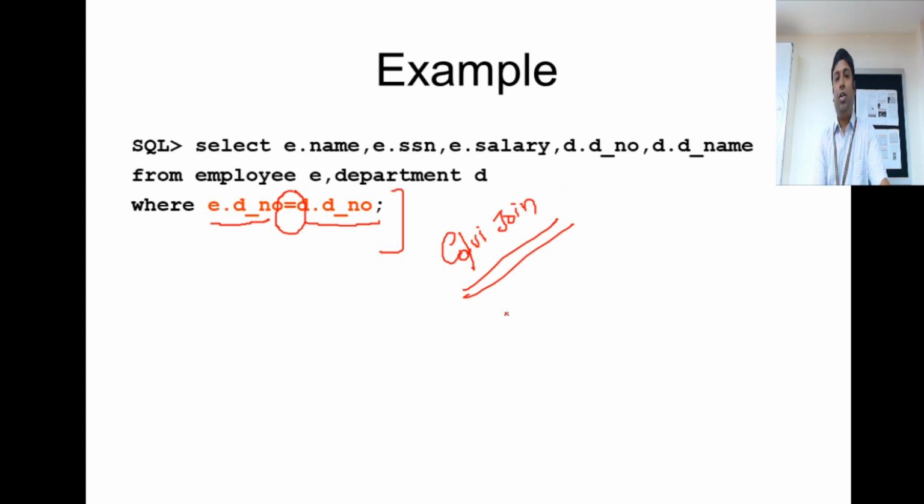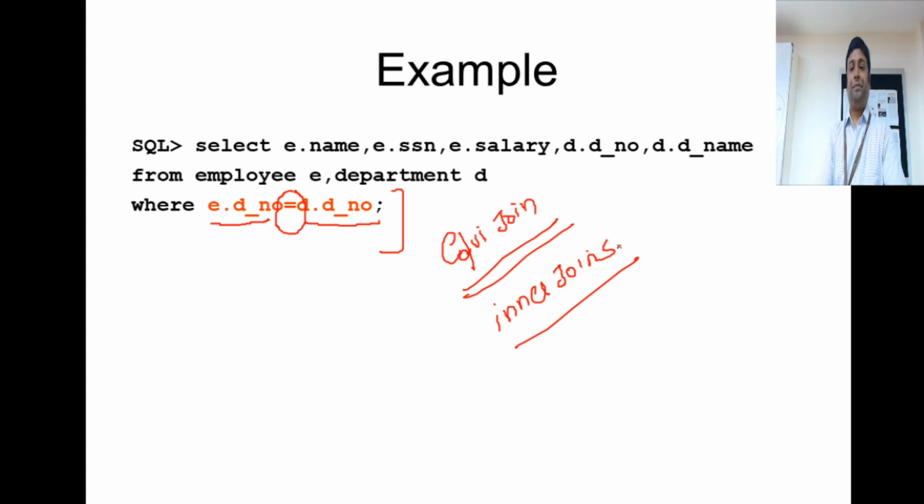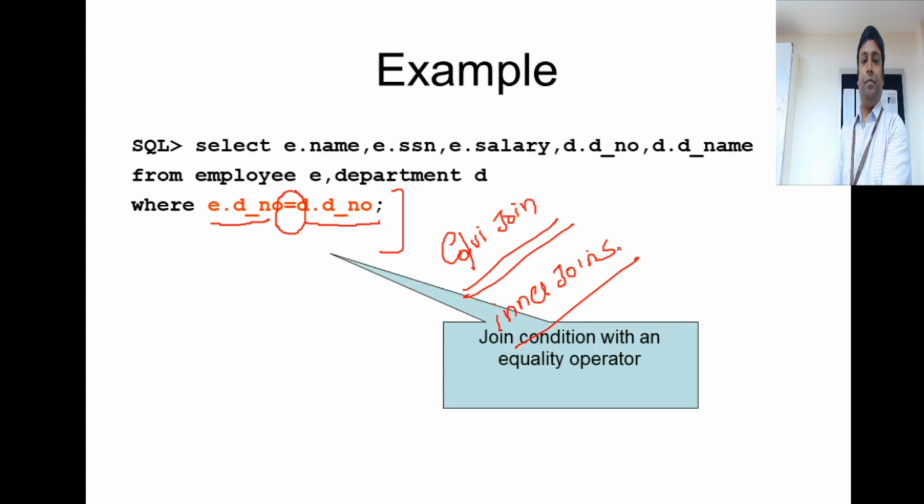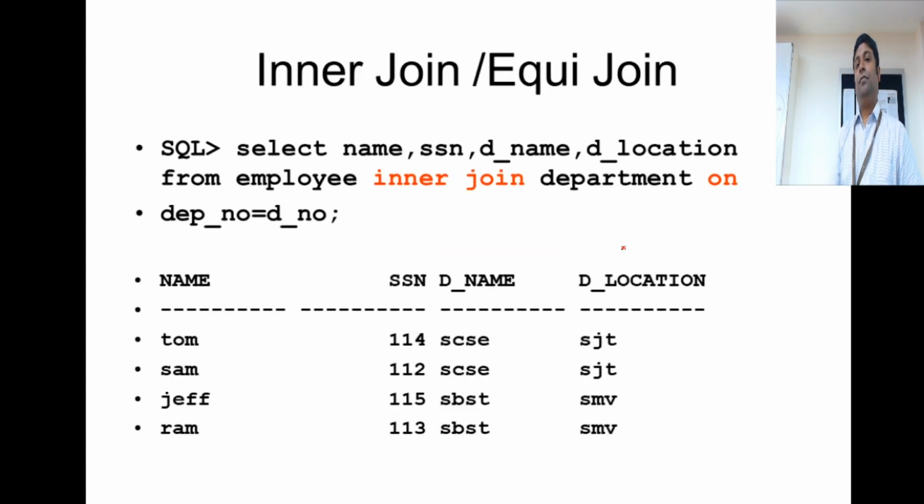Or else they also call these kinds of joins as inner joins. What do you mean by an inner join? It returns results of only matching records in both the tables. Okay. Another way to write an inner join query, another syntax is, you can see here, select name, SSN, department name, department location from employee.